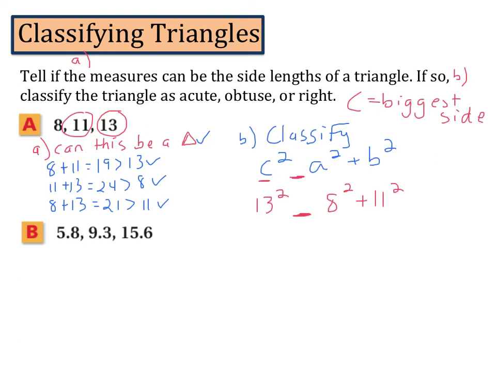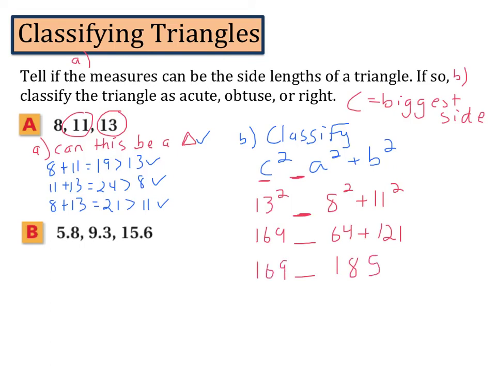So now let me just square all of these numbers. I know 13 squared is 169. I know 8 squared is 64. And 11 squared is 121. Now if I add 64 and 121, I get 185.